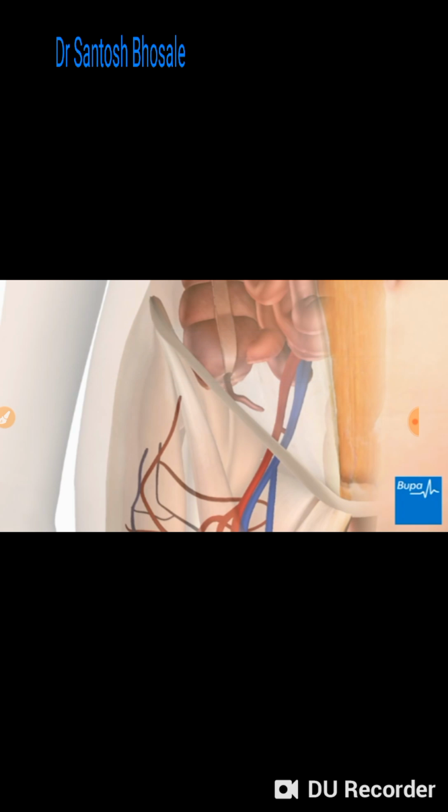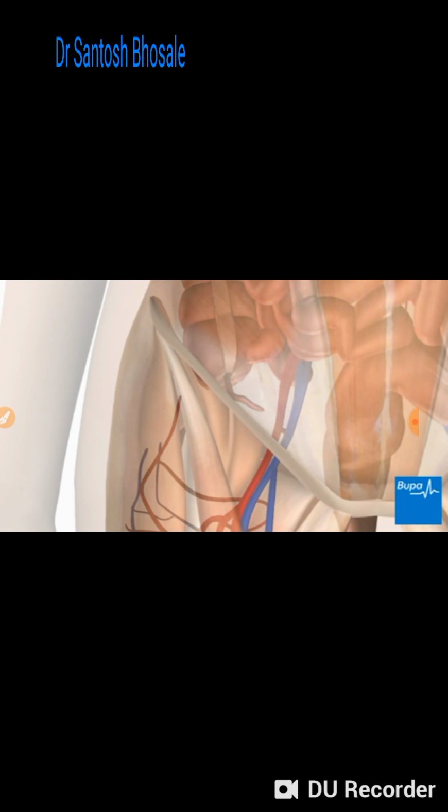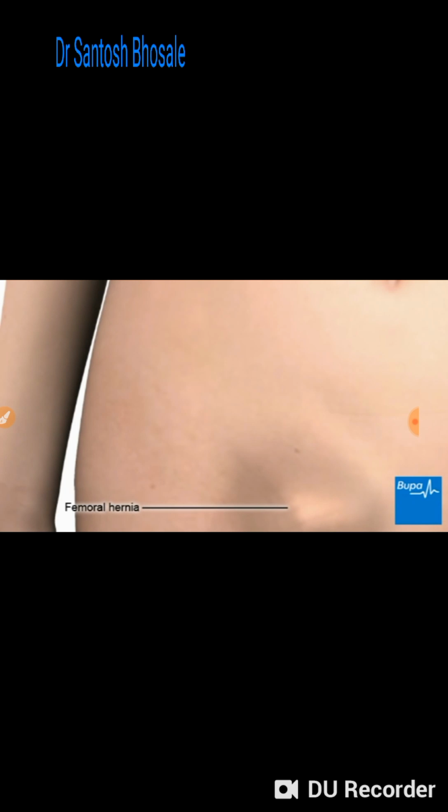Due to the weakness of the abdominal wall muscles, and with the conditions which increase the intra-abdominal pressure, there may be herniation of these bowels into the femoral canal, causing femoral hernia, because of the lax femoral ring there and laxity of the abdominal wall muscles. They may enter there. You can see that is the femoral hernia.